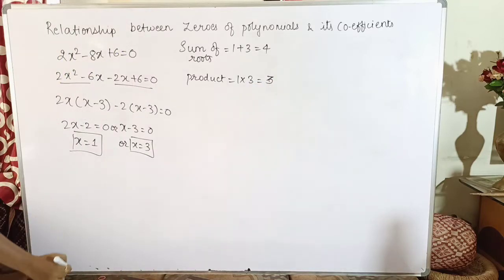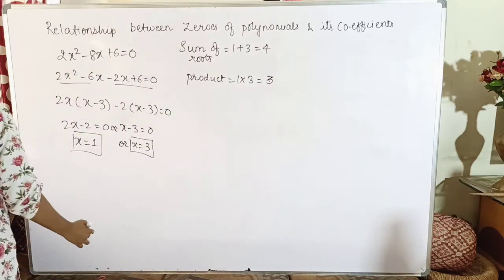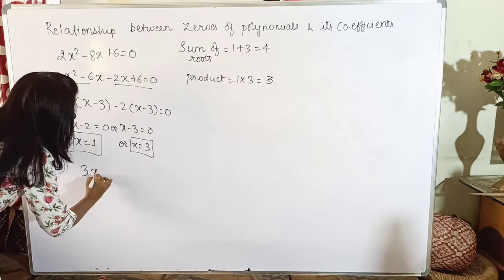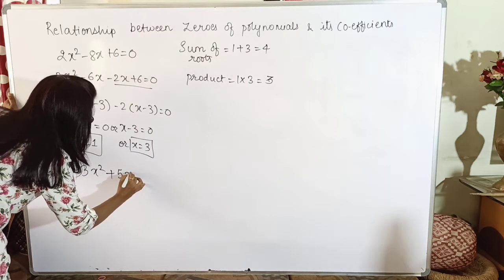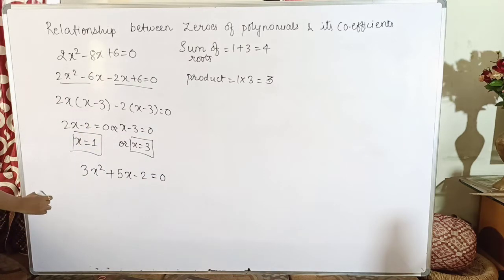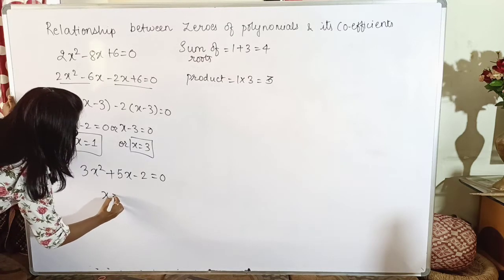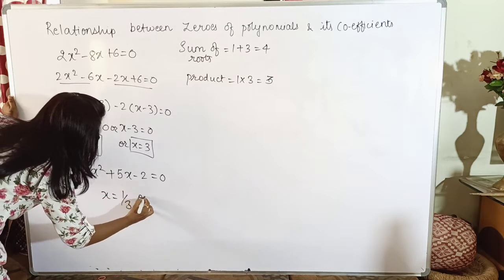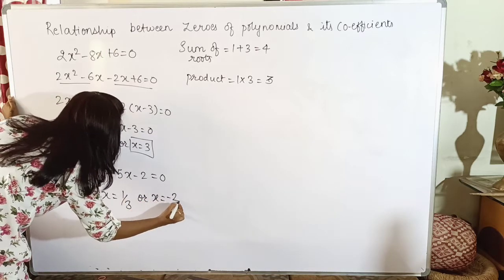Let us take one more example. Suppose the next example is 3x square plus 5x minus 2 equal to 0. Now here on solving, you will get the value of x as 1 by 3 or x as minus 2.